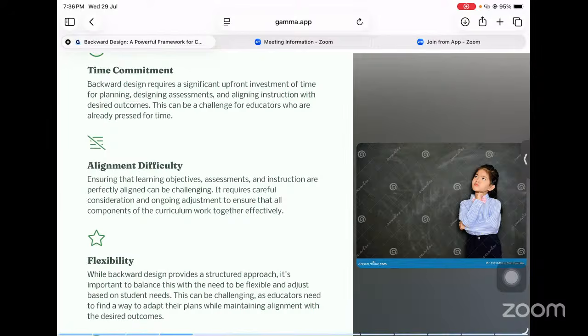And once you know that this is the evidence of learning, then you will decide how you are going to teach the students. What strategies am I going to use in order that the students are able to do that assessment? Okay, so the time commitment could be a challenge, but I think when you plan intentionally, this should not be a problem.